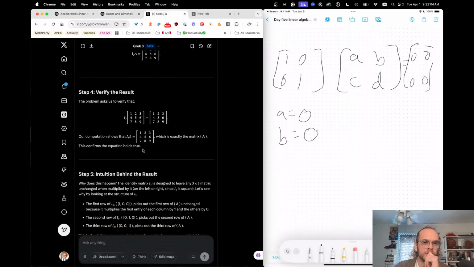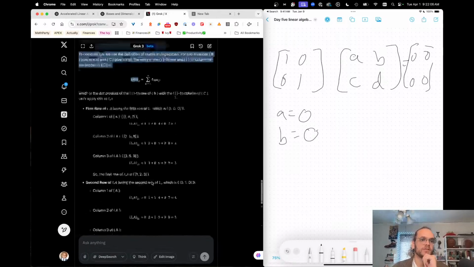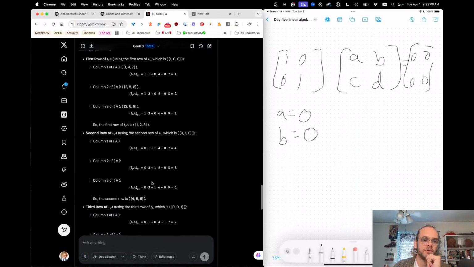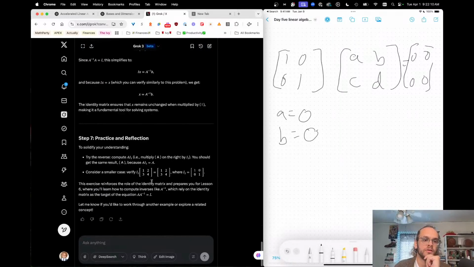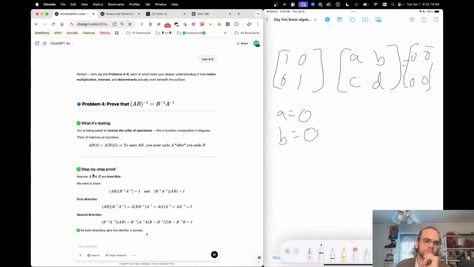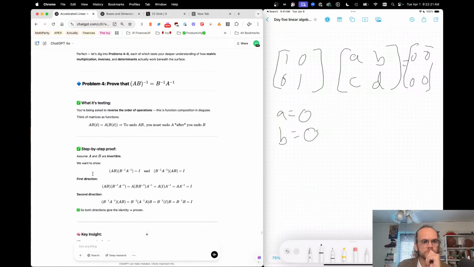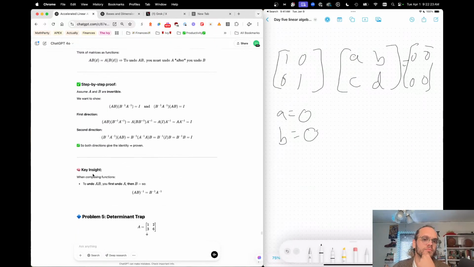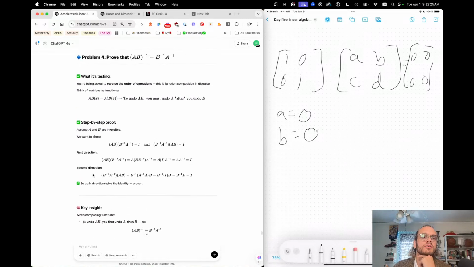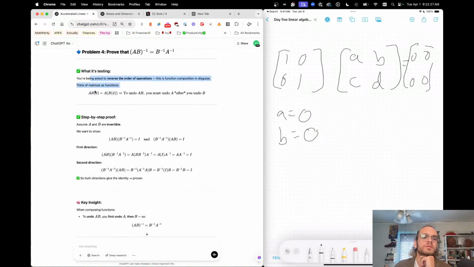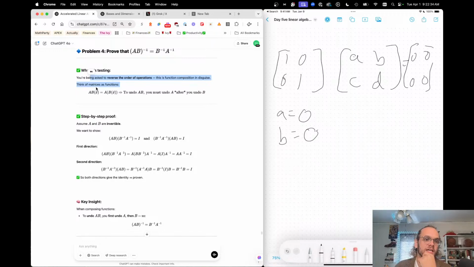So, let's look at this here. Maybe some harder problems from this section. So if you want to reverse the order of operations, this is function composition in disguise. Think of matrices as functions. That's cool.